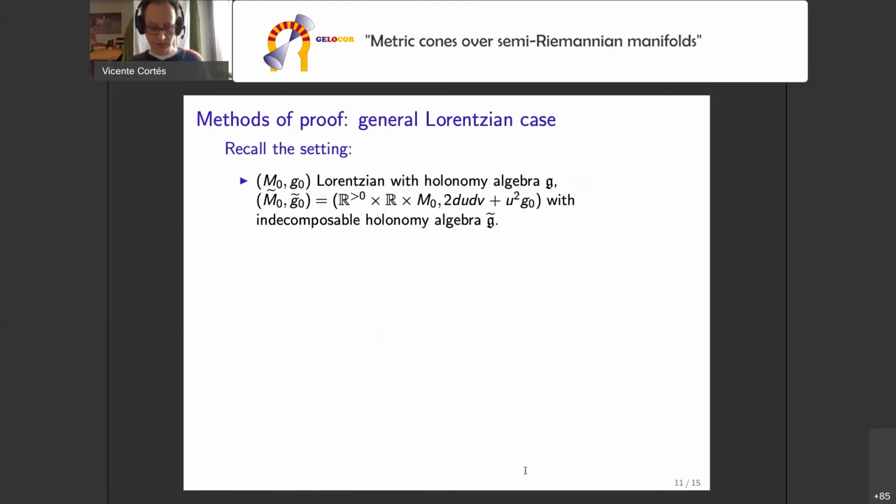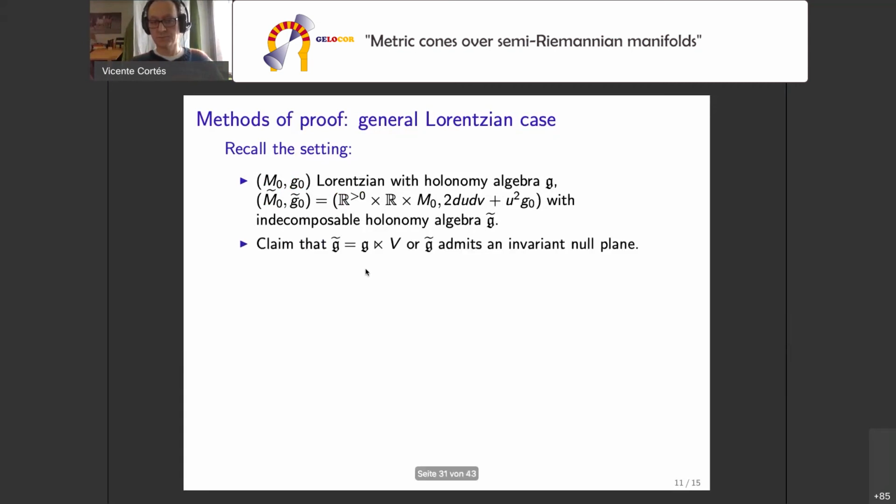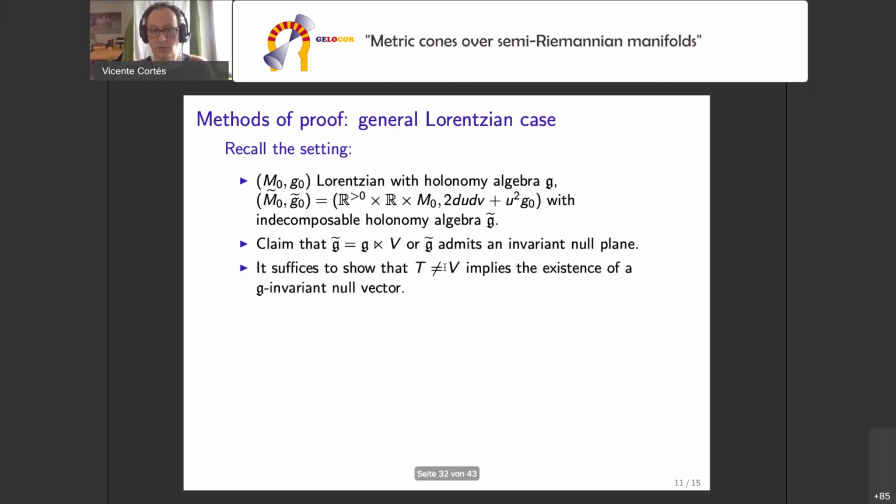So we start with a Lorentzian manifold with a holonomy algebra G, and consider this G tilde, an indecomposable holonomy algebra. Then we claim that G tilde is a semi-direct product, or G tilde admits an invariant null plane. So that's the theorem which we want to prove.